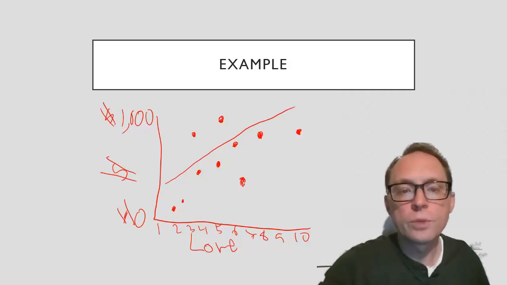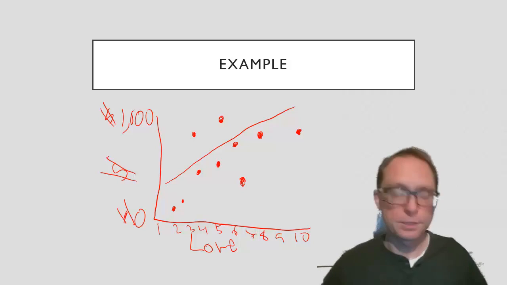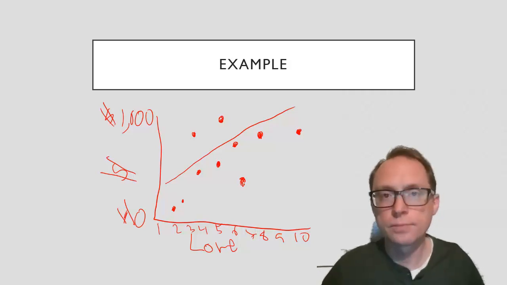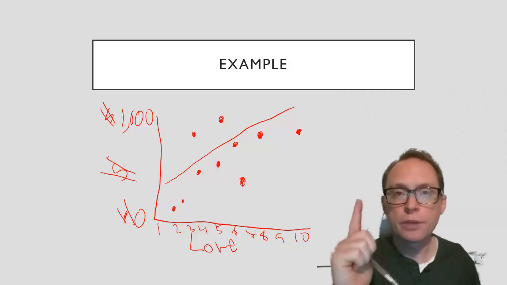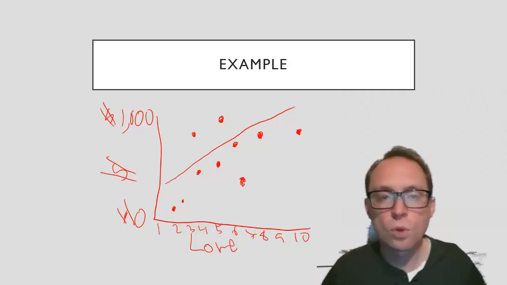Notice that this line we just drew shows that as love increases, money increases. That is a positive correlation. As one thing, love, increases, money also increases.